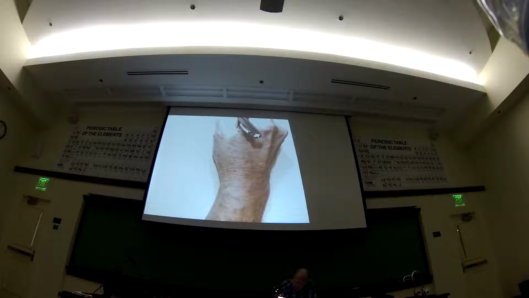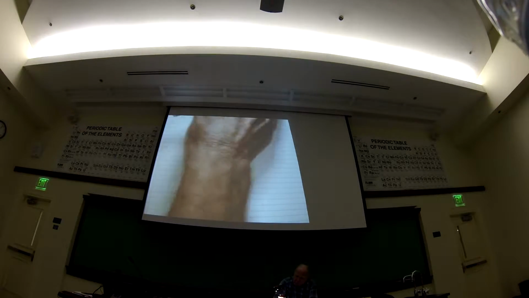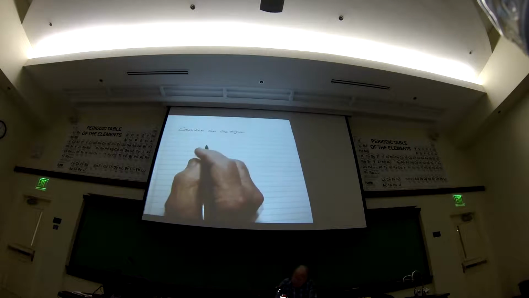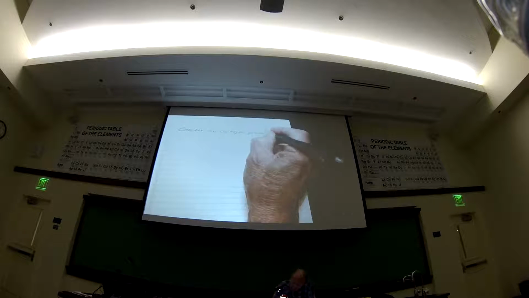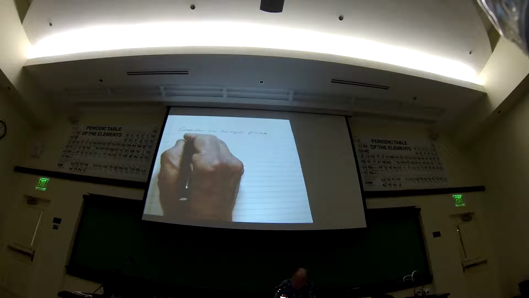Can you move the paper down? Thank you. Exoergic process just means that delta U is negative.